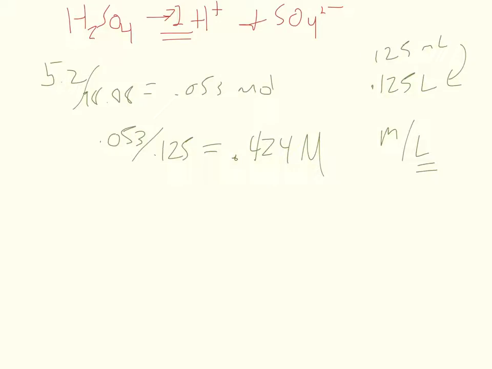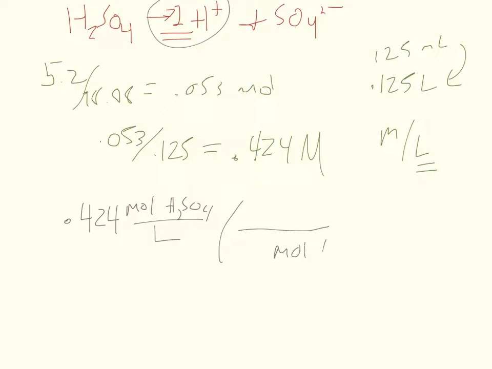Now here's where things are different. Because there's a 2 here, our equation doesn't work quite the way it did before. So I know that I have 0.424 molar solution, moles of H2SO4 per liter of solution. So on the bottom, it's going to be moles H2SO4.